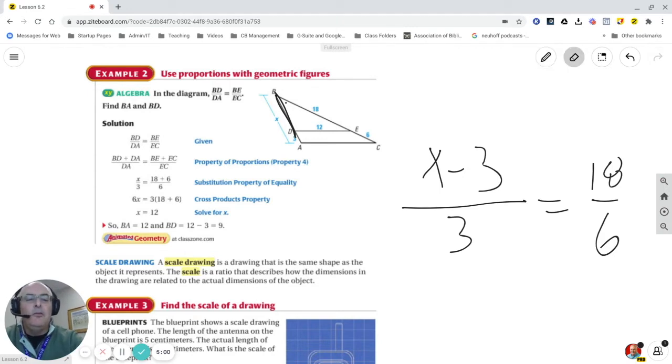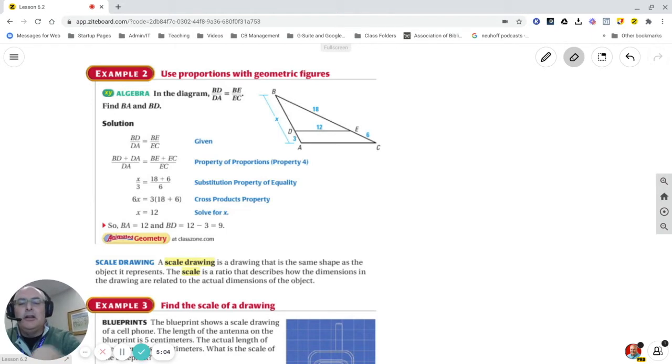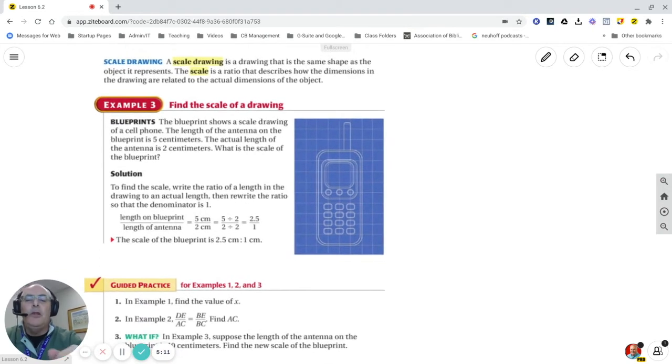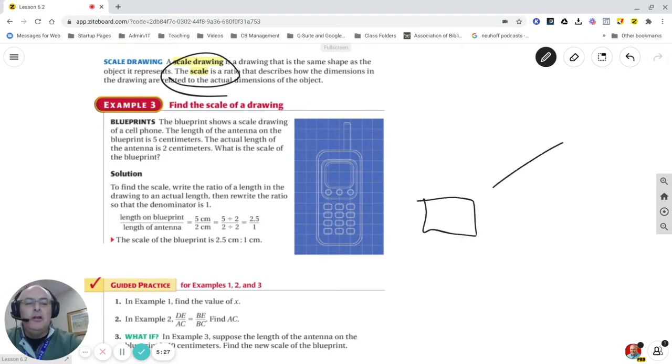So there are different ways I can set up the problem, and generally it's going to come down to the solution that you see that works for you first. One of the reasons we establish these proportions is because we want to be able to create a scale. And all a scale is simply some ratio of one image to another, oftentimes a smaller image to a bigger image.